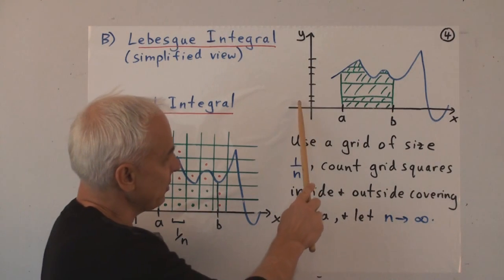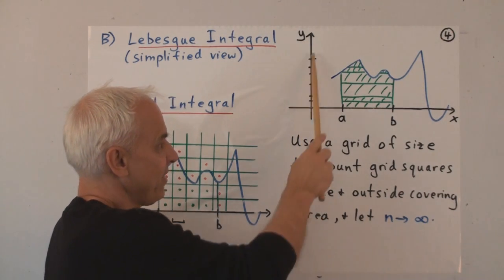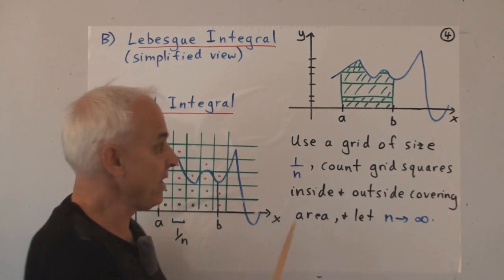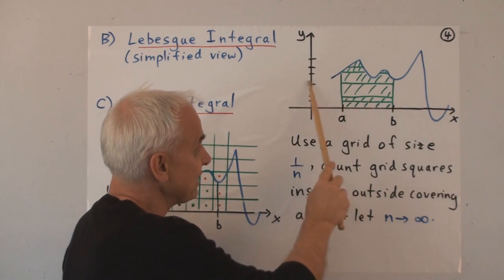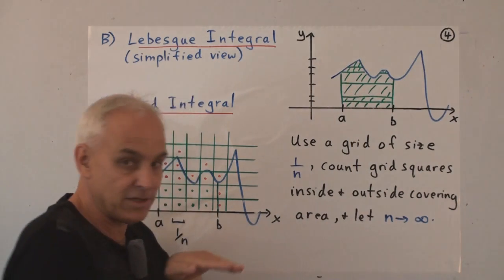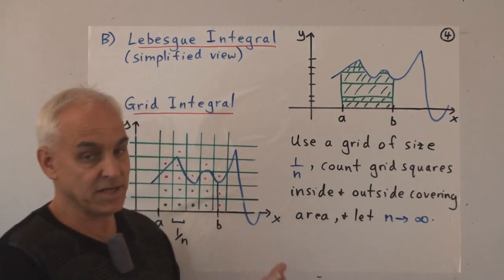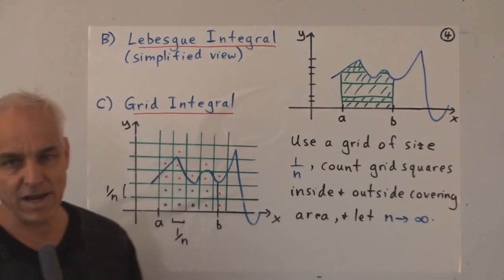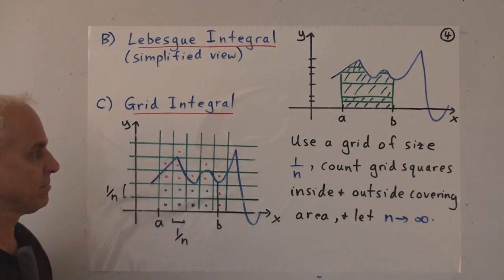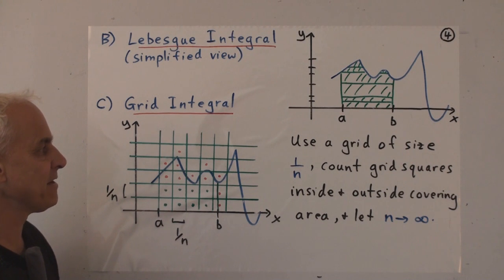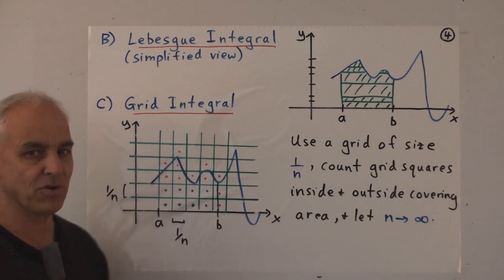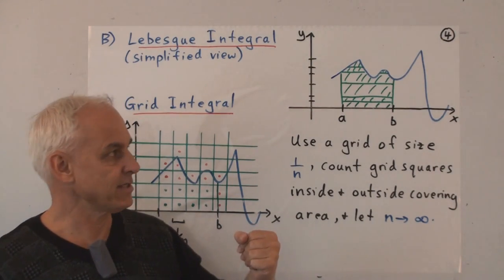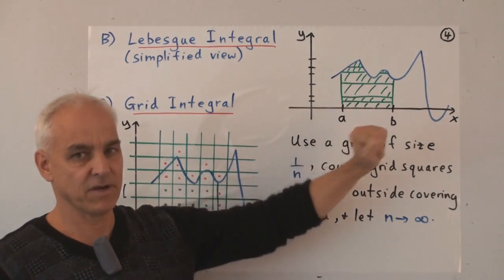As I've indicated here, we kind of imagine partitioning this region, the y-axis, into subintervals, and then using those to slice the region in question into bands. And then the idea is to use the areas of these bands as some kind of approximation to the integral. So roughly speaking, it's an approach like the Riemann integral where we look at horizontal slices rather than vertical slices. And it has quite a different character.